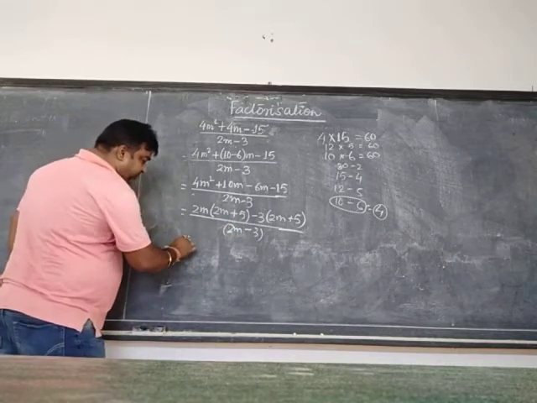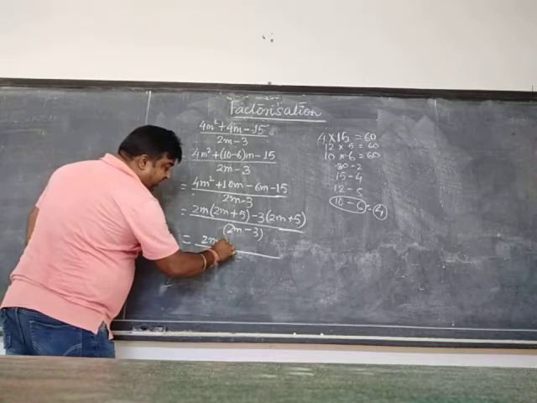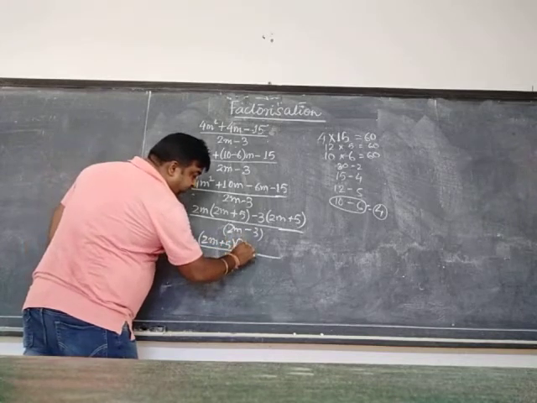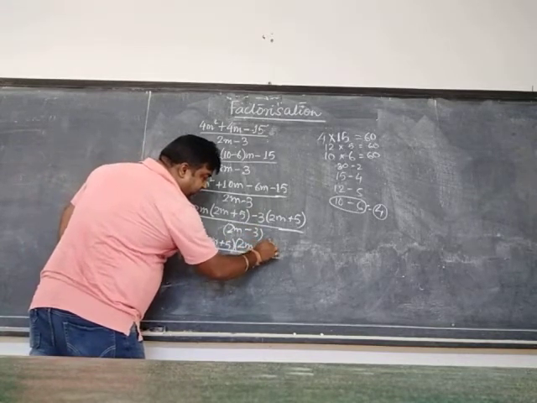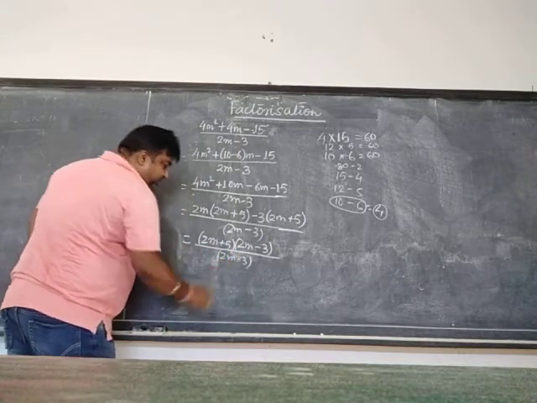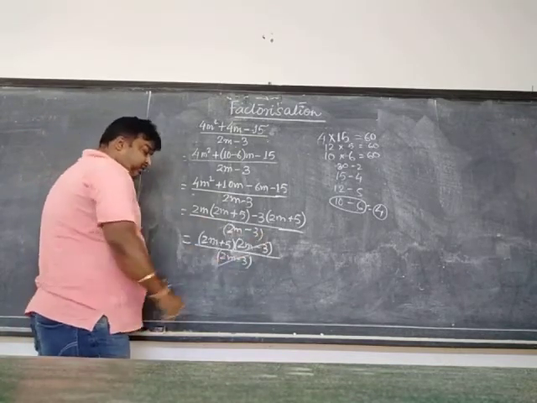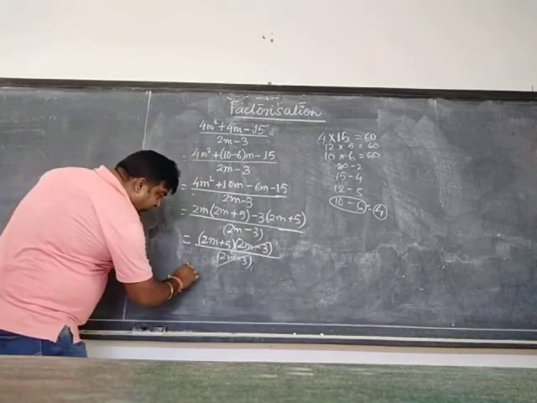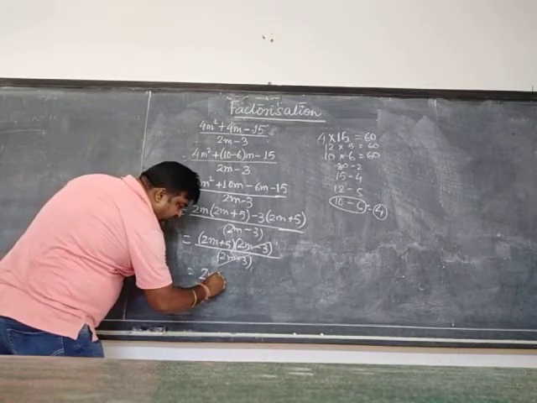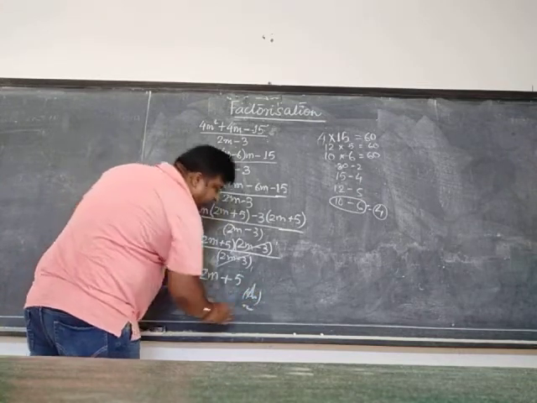So now from the two parts 2m plus 5 is common. Then within the bracket from this part 2m remains, and from this part minus 3 remains, by 2m minus 3. Okay? So this 2m minus 3 gets cancelled out. 1, 1. What is left? 2m plus 5 is the answer.